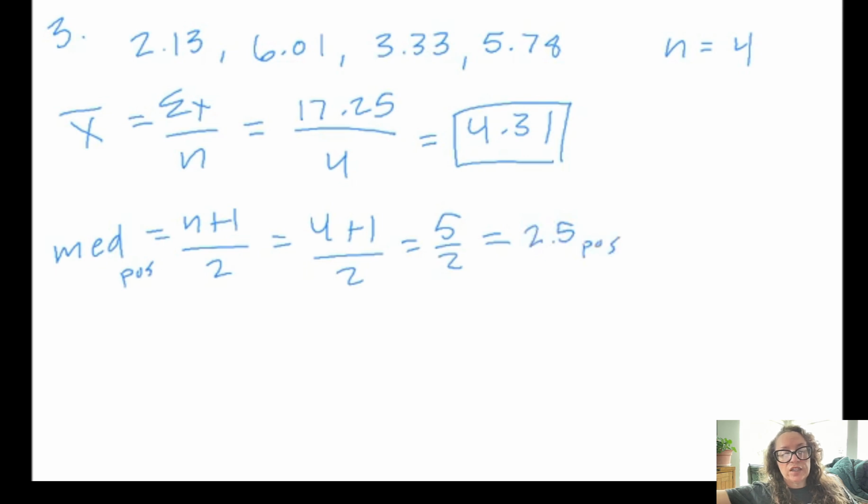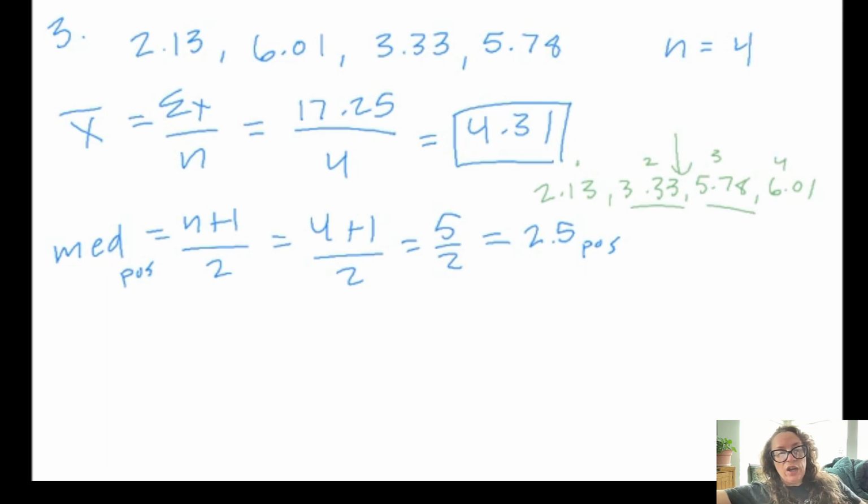If we put this data in order, we have 2.13, 3.33, 5.78, and 6.01. We're looking at positions 1, 2, 3, 4, so we're looking in between here. These two scores are going to be part of this measure of central tendency.